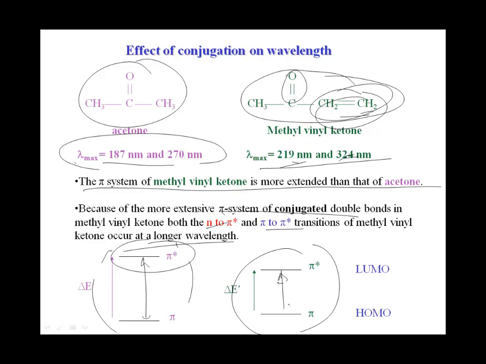So if the pi star has come down, the pi to pi star transition will occur at a lower energy and a longer wavelength. The same of course occurs for the n to pi star, because the pi star has come down, and the n is somewhere here, so this gap has dropped as well. So the effect of conjugation is usually to increase the wavelength of the UV visible band.